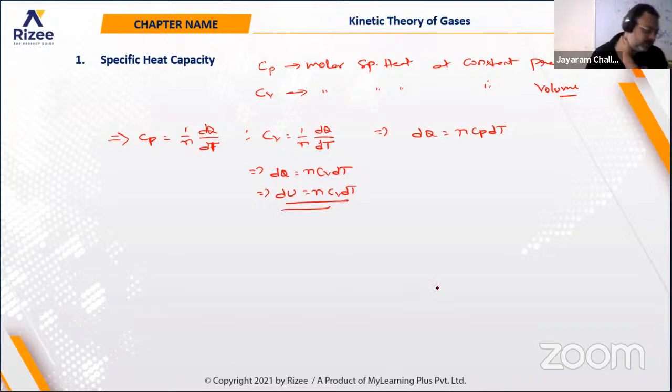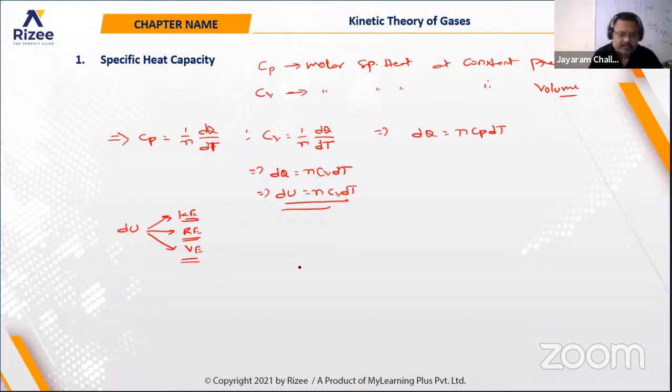Since it depends on the temperature, the internal energy, du, is composed of three types of energies basically. One is the internal kinetic energy, the second is rotational energy, and another one is vibrational energy.